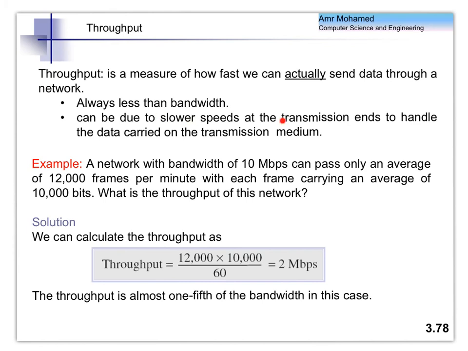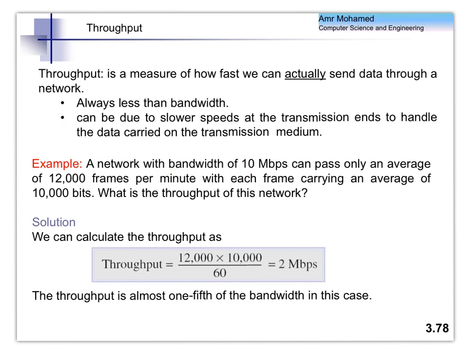And it can be due to slower speed at the transmission, because in some way, what we assume is that this transmission line is idealistic. The speed of the signal on this transmission line is the speed of light. There's no noise, nothing. So this is an idealistic case.